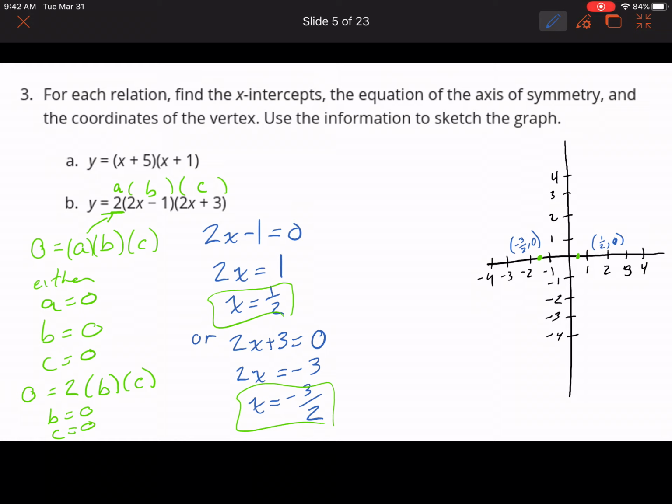So what is halfway between 1/2 and -1 and 1/2? So this would help to be making half marks. So we've got 1, 2, 3, 4 half marks. So our axis of symmetry halfway through is at 1/2, or -1/2, I mean.